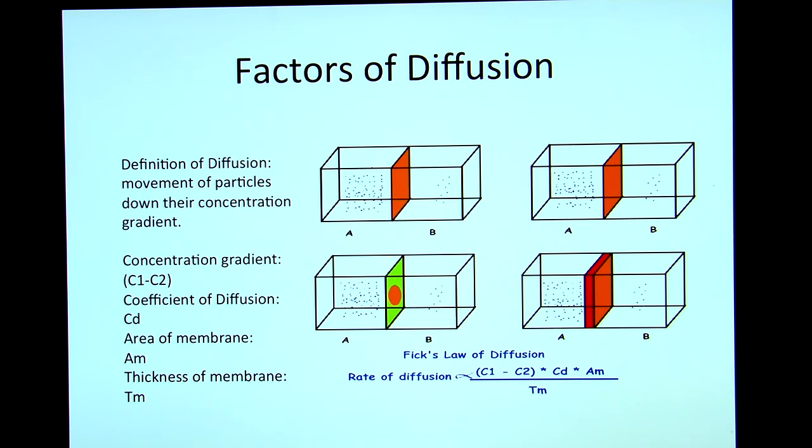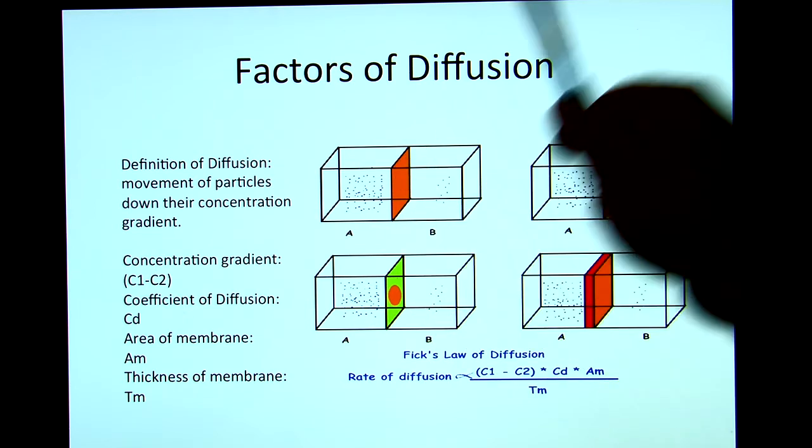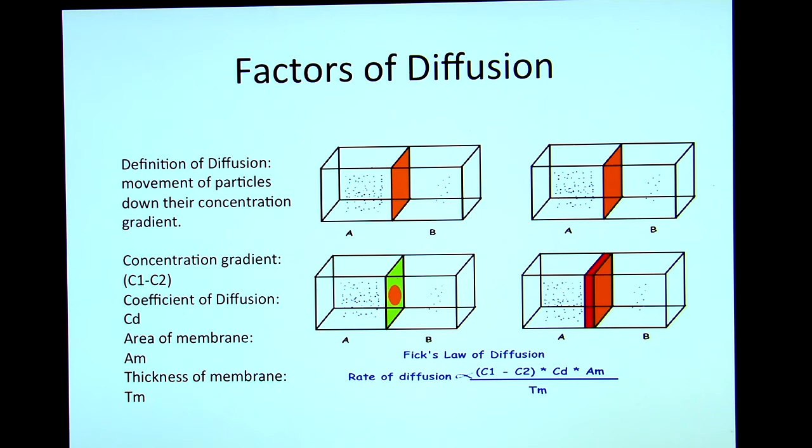The coefficient of diffusion is something that we talk about as being a number that represents the overall ability of the particle, based on its chemistry, based on its size, based on its interaction with the membrane, to be able to go through the membrane.